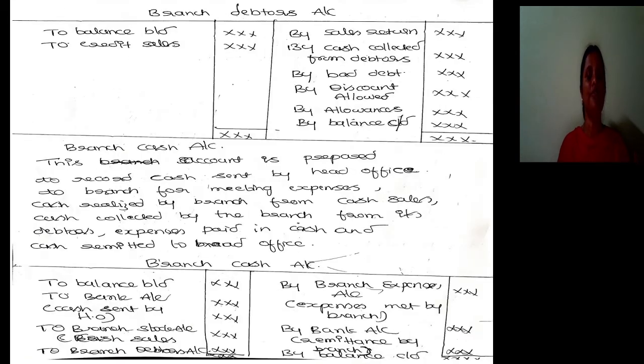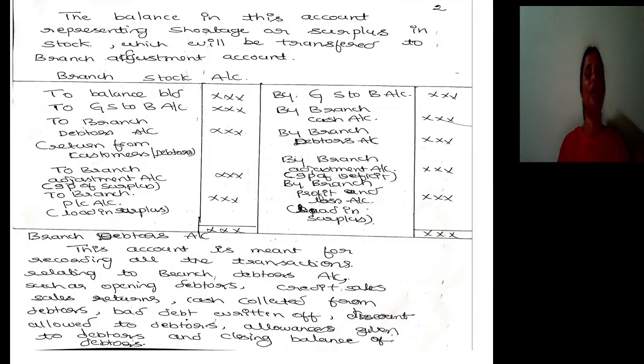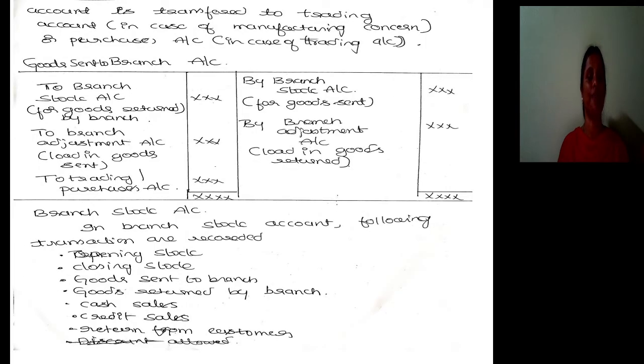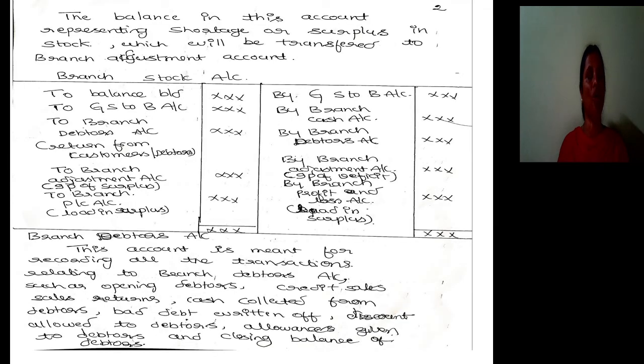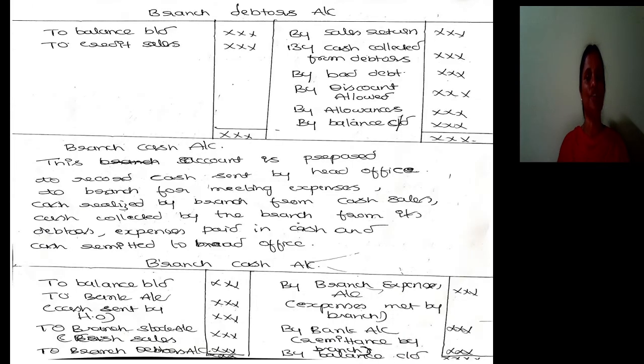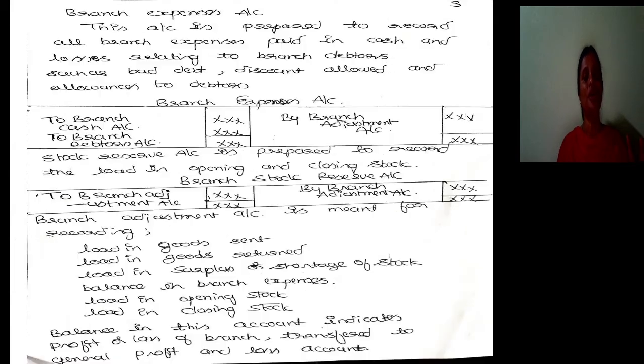So these are the various accounts which we prepare under the stock and debtor system. First we go for the goods sent to branch account, then the stock account for all transactions relating to goods, then the debtors account for all transactions relating to branch debtors, then the cash account for all cash transactions between branch and head office. Next, the expenses account to record cash expenses paid and loss relating to branch debtors.